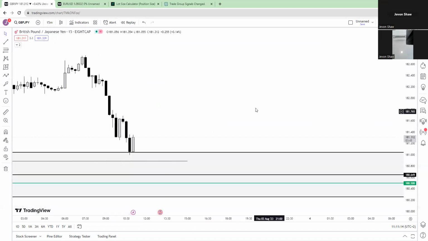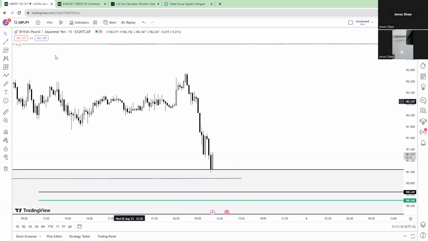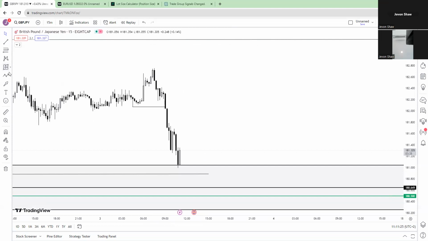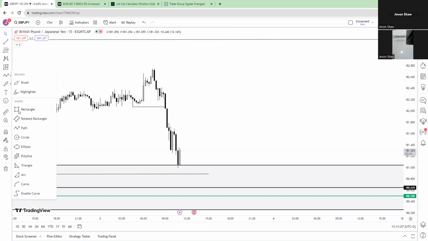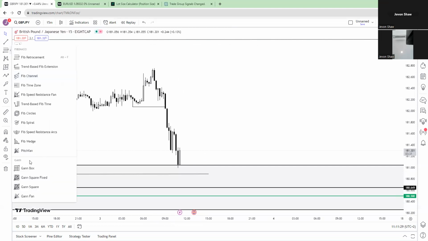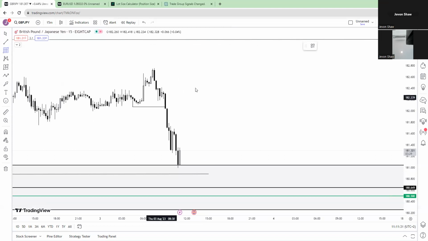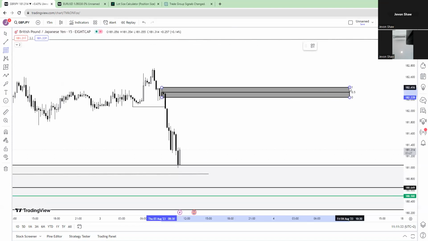However, also based on this, if price comes to this high before then, which I really doubt, most likely sell from this point.